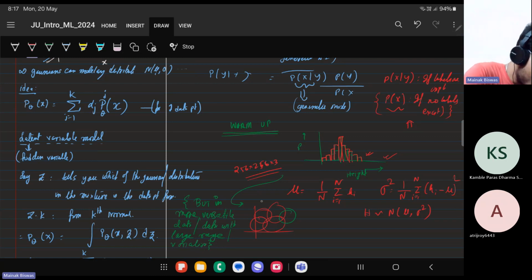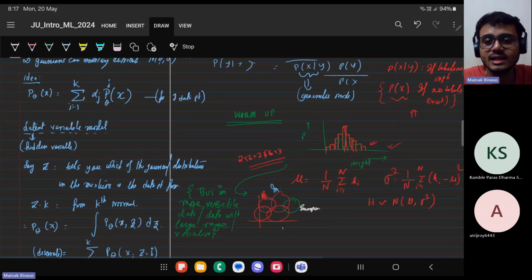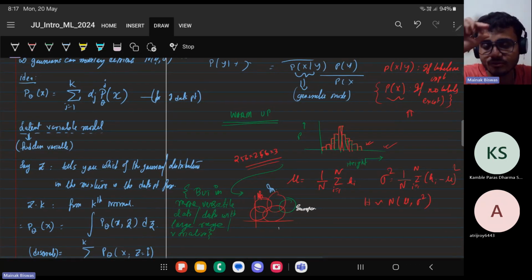So this can be African, Indian, European, and so on, right? So a single Gaussian would not be good enough. Is the motivation clear? I hope.